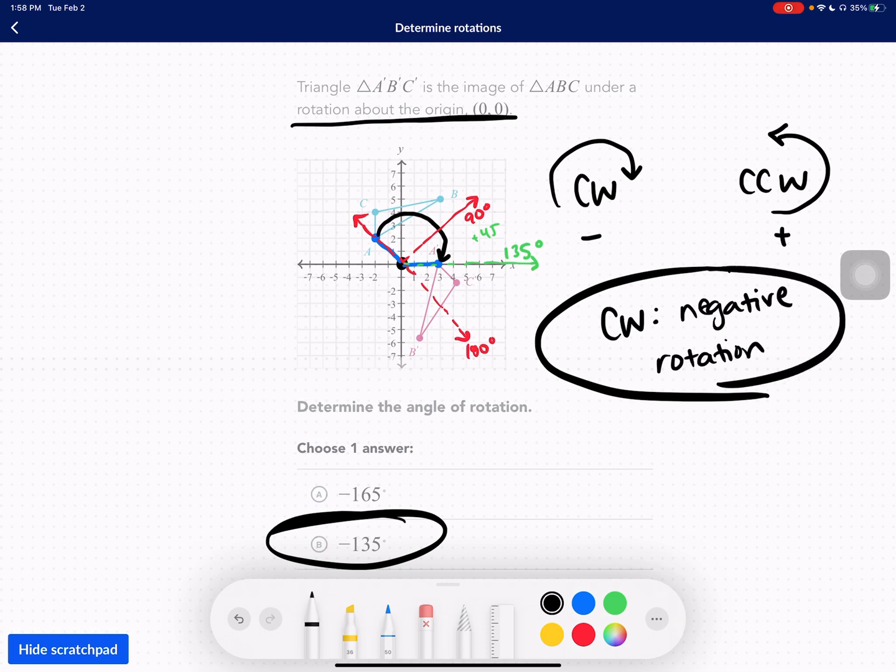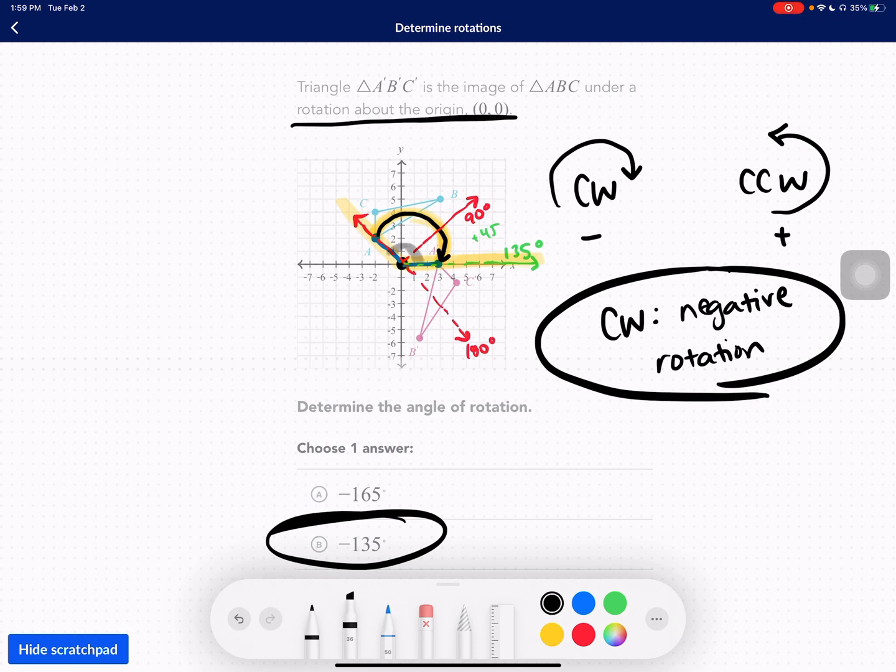This is a negative rotation if it's clockwise. I'm sorry about that, guys. Hopefully that didn't throw you off too much. Pause the video and make sure you understand. It is a negative rotation. Okay, and this one is a negative rotation of 135 degrees because we went from point A to point A prime. Okay, so this is 135 degrees, this angle measurement right here.